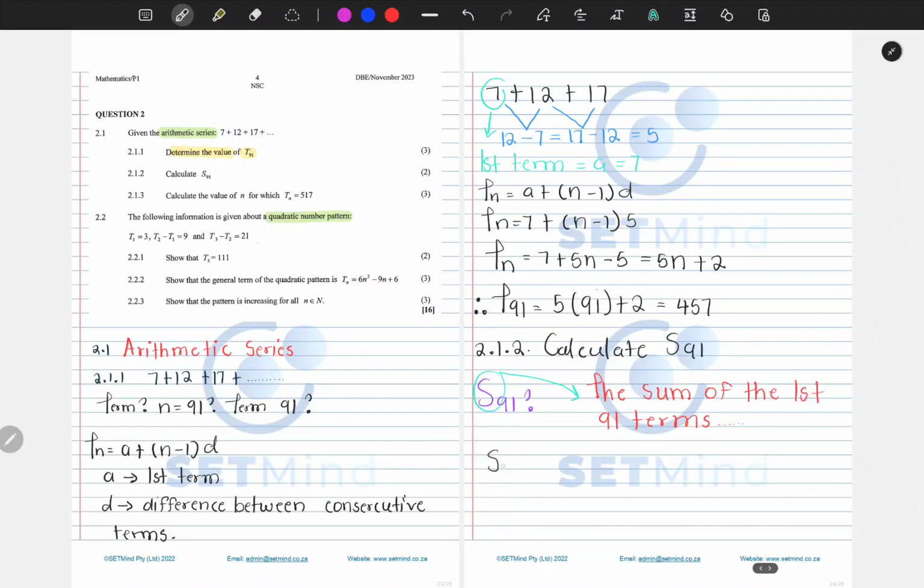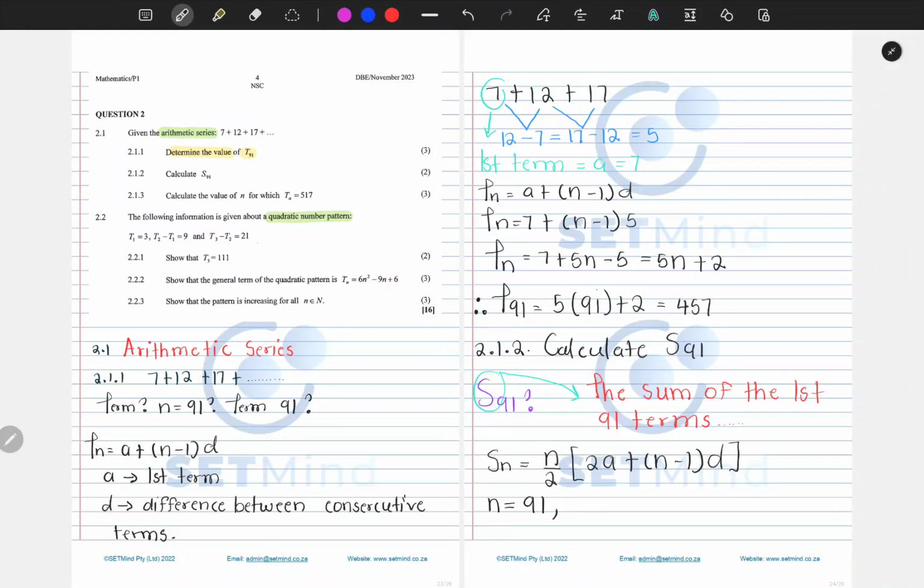What I need you to remember is the equation which we use to find the sum of n terms. That equation is Sn equals n over 2 into 2a plus n minus 1 times d. This is the formula which we use to find the sum of n terms. Because we are looking for S91, that means our n is 91.